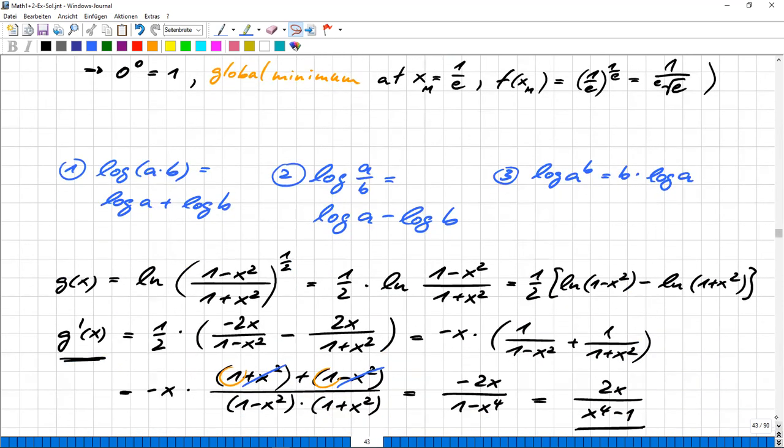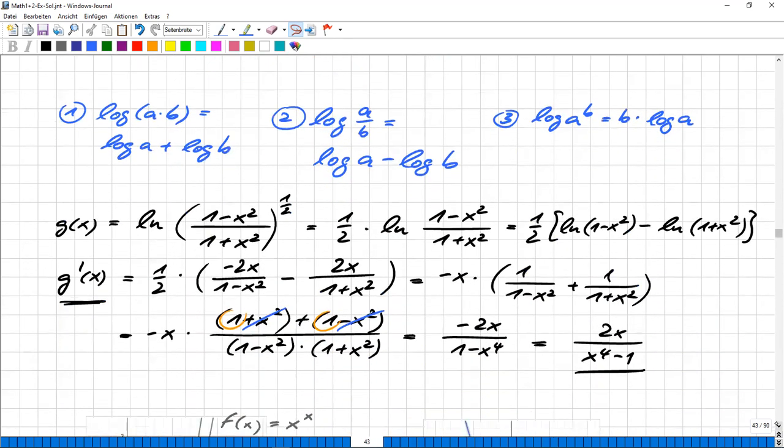Here I give you all the 3 logarithmic rules again as an overview. You see, the first one is about product argument, the second about a fractional argument, where you can split it up into the sum of 2 logarithms here and the difference of 2 logarithms here, while the third one is the one which I just used before, taking the exponent as a factor, extracting it here and putting it there.